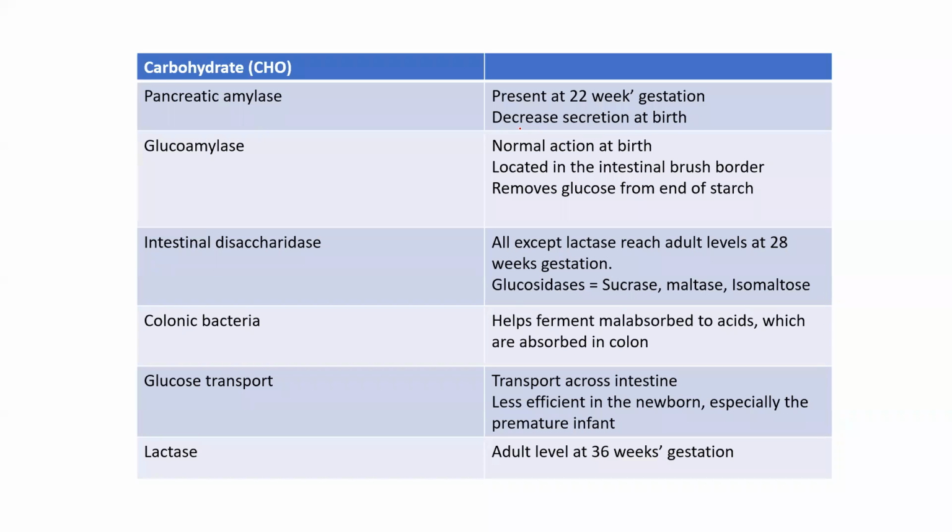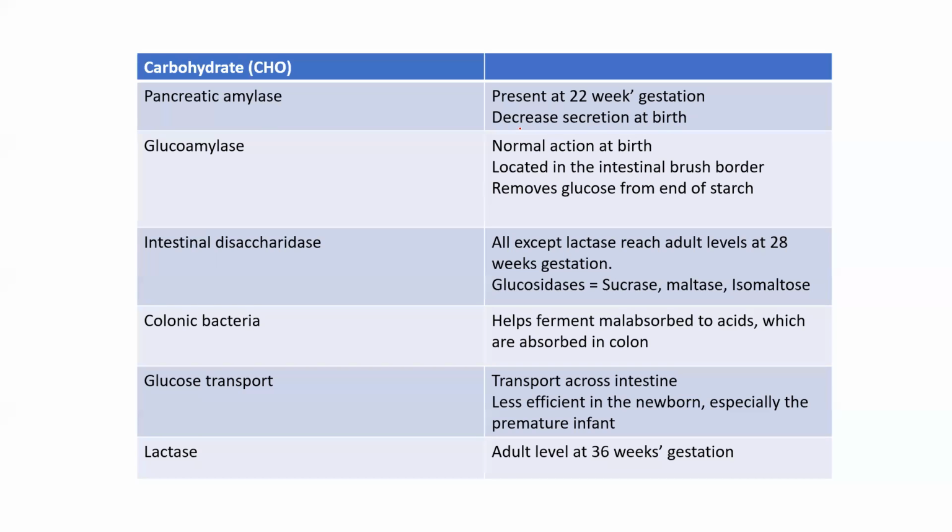Glucoamylase, normal at birth, usually located at the brush border of the intestine. The function is to remove the glucose from the end of the starch. So glucoamylase takes off the glucose component from the starch.